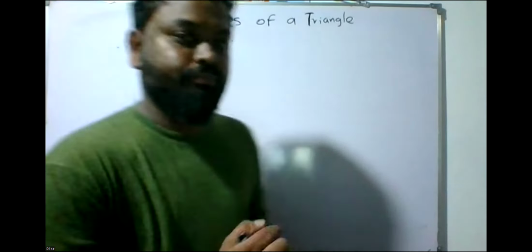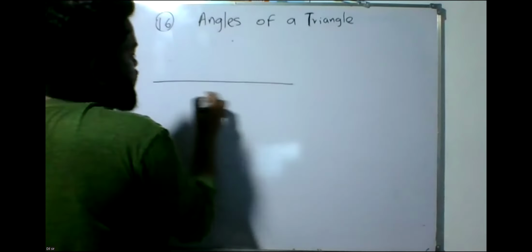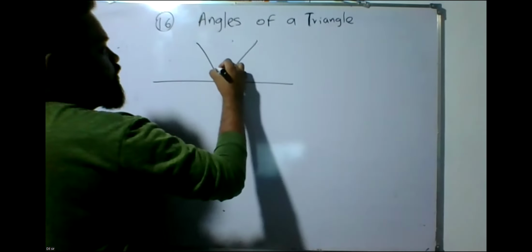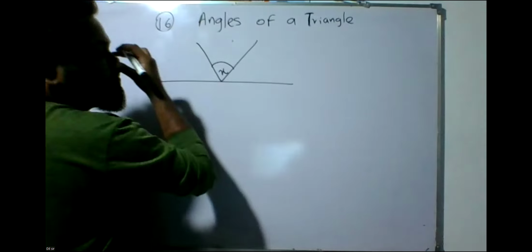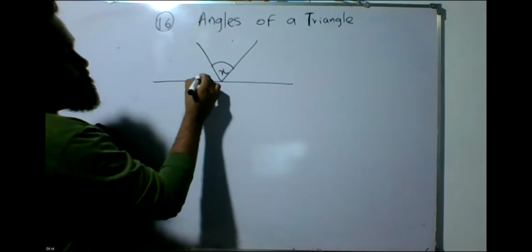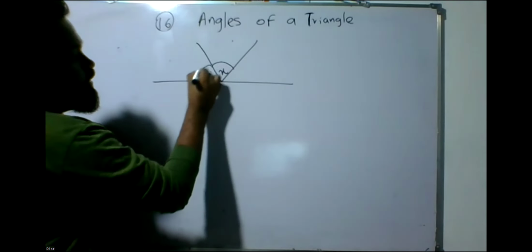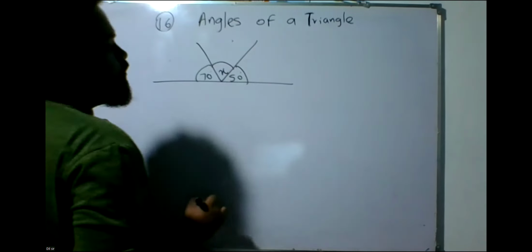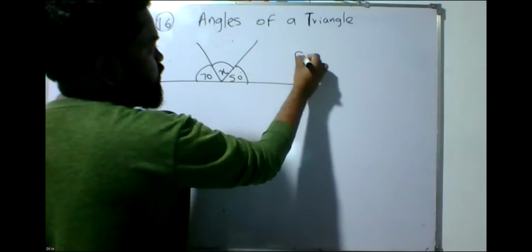Right, first one. A straight line. This is x. This one is 70 and this one is 50. Find the magnitude of x.